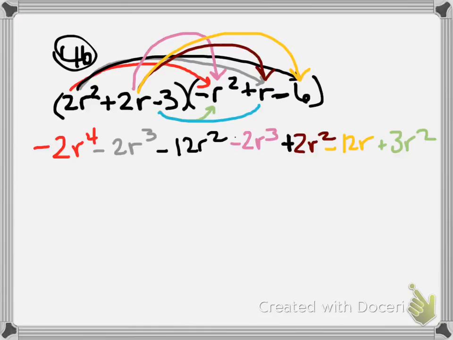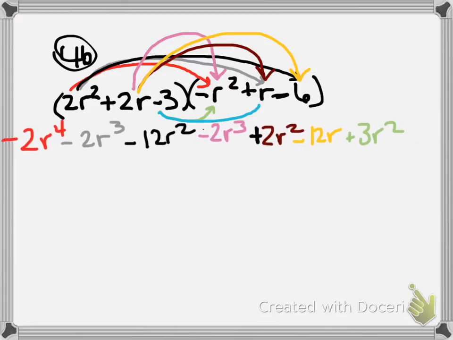Let me see if I can scoot this over. So the negative 3 times the r is a negative 3r. And the very last thing, the negative 3 times the negative 6 is a positive 18.